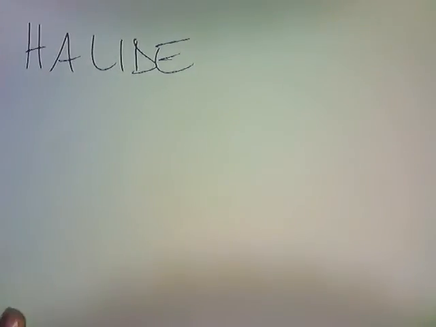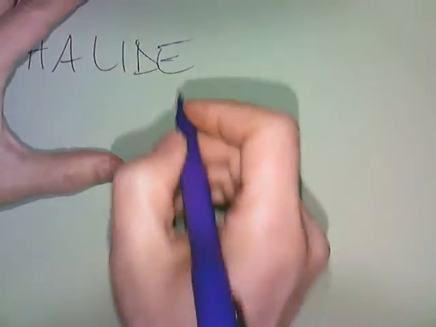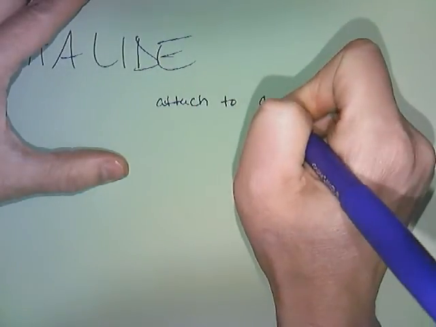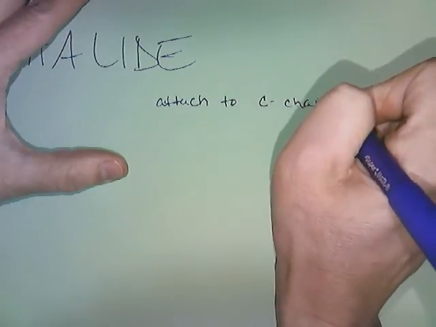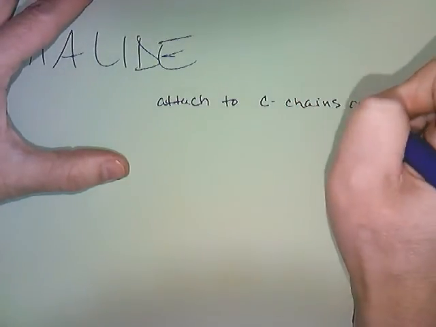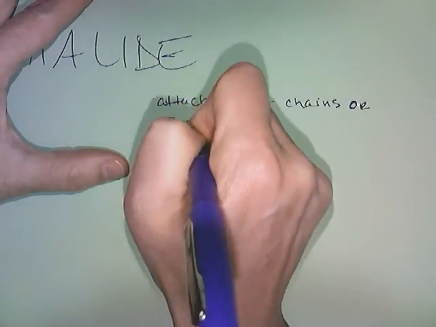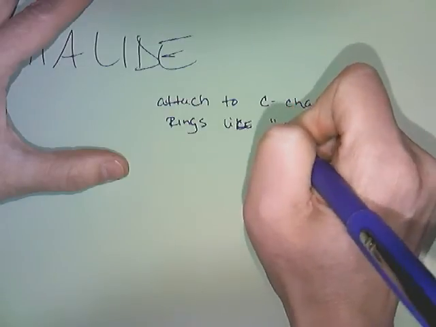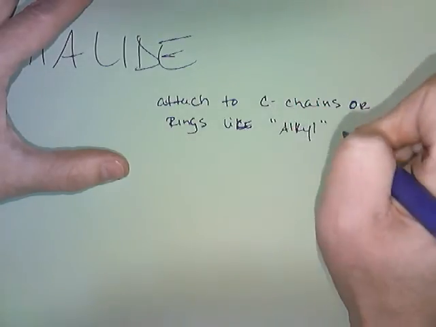Halides. The H is replaced by a halogen. So they are on the C chains just like the alkyl group, so to speak. Halides attach to the C chains or rings like an alkyl group.